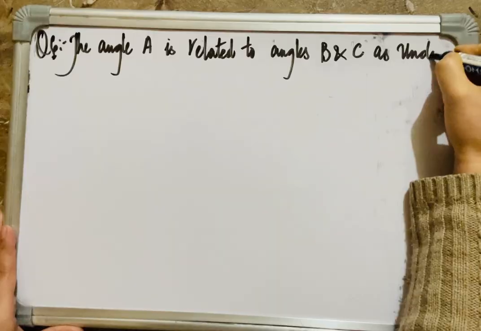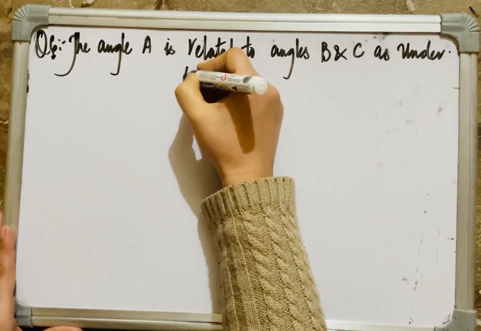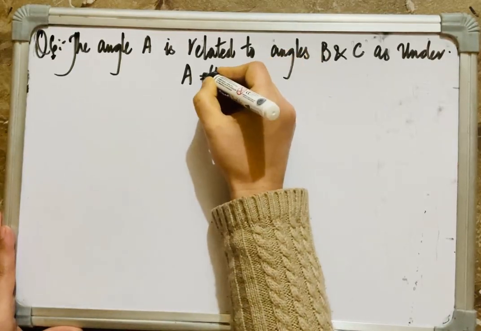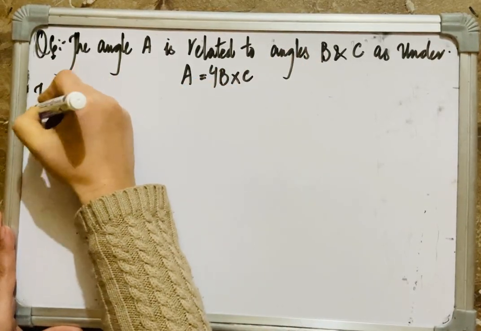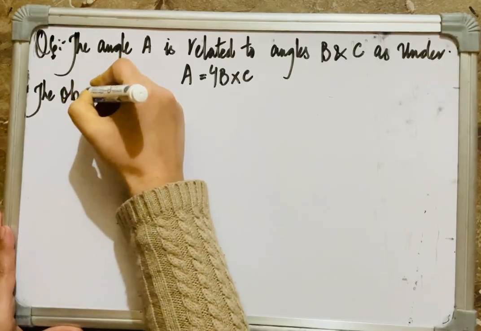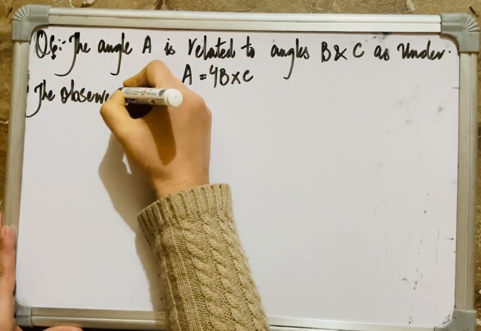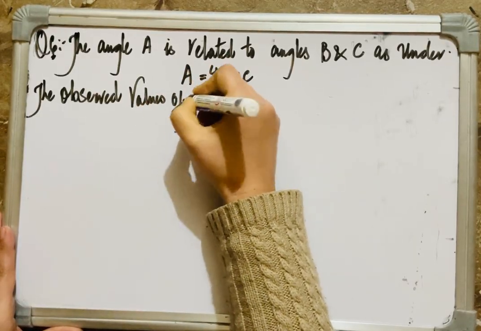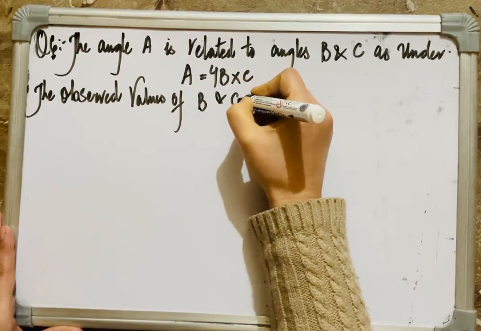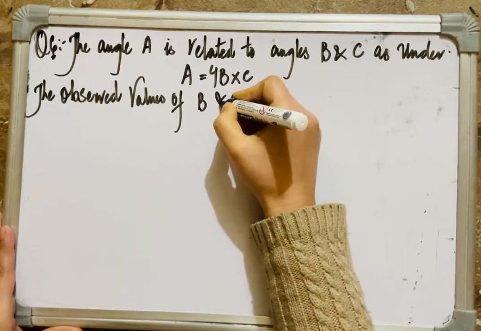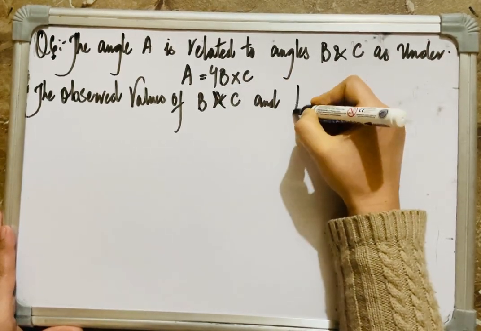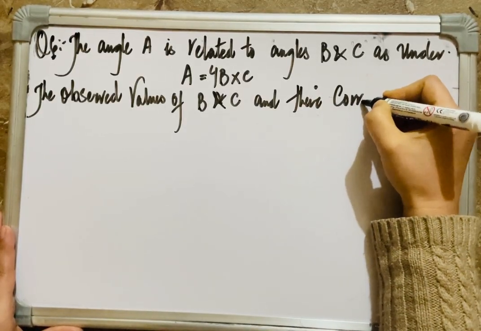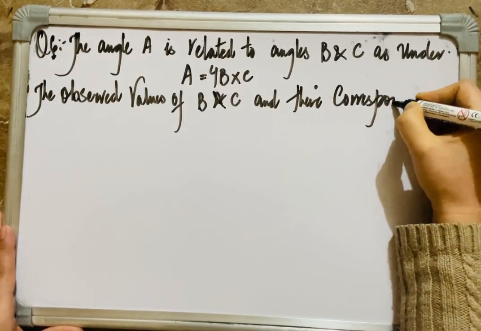They're related by this equation: A is 4B multiplied by C. The observed values of B and C angles and their corresponding standard errors are given.